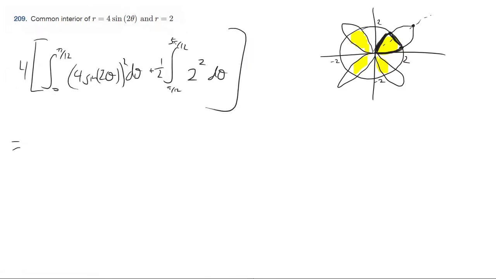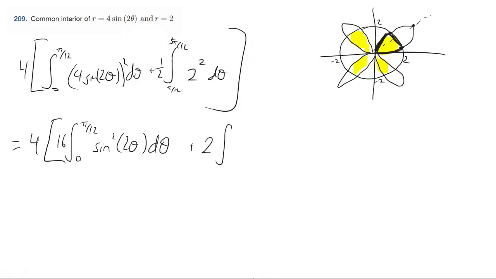Now let's start evaluating. Equals 4 bracket. So this would be 0 to pi over 12. We can put 16 out in front, since 4 squared is 16, sine squared of 2 theta d theta, plus 2 squared is 4, and 4 over 2 is 2, so 2 integral from pi over 12 to 5 pi over 12 d theta. This integral is easy enough.